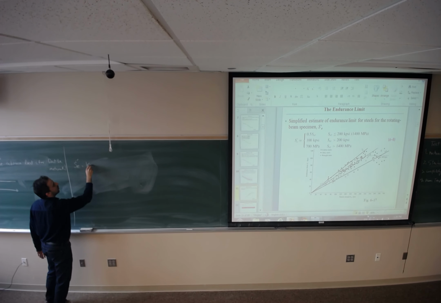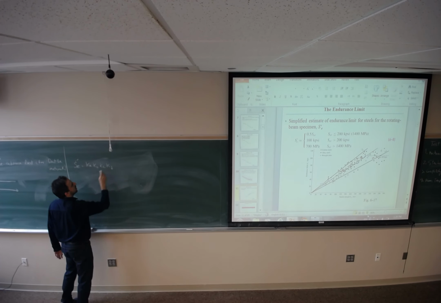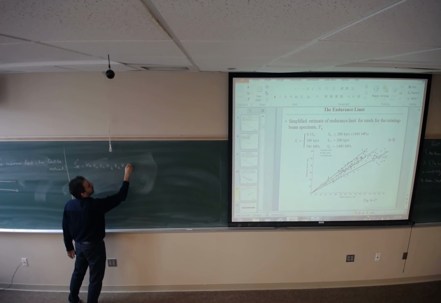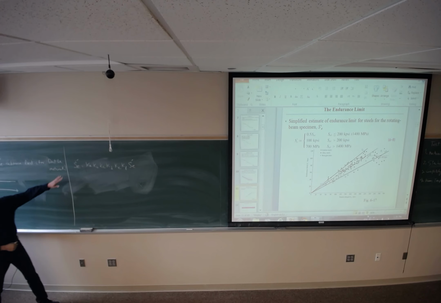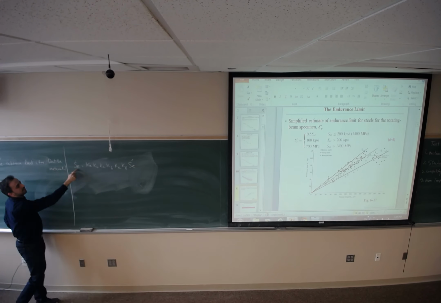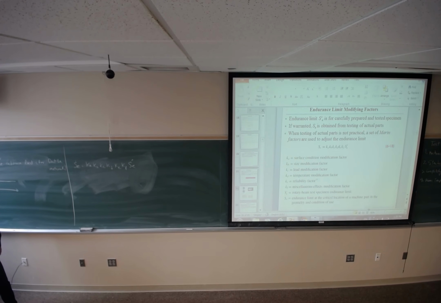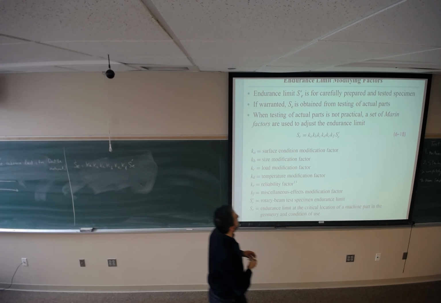So we define these factors, Ka, Kb, Kc, Kd, Ke, Kf multiplied by S prime e to find the modified endurance limit. We call them the endurance limit modification factors.